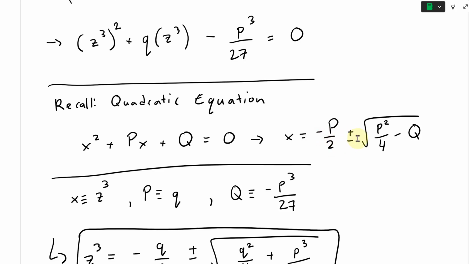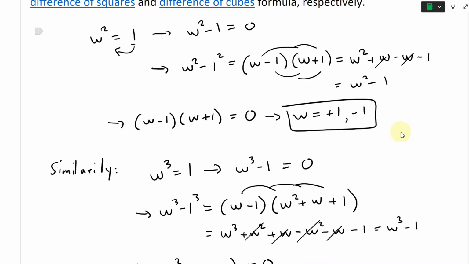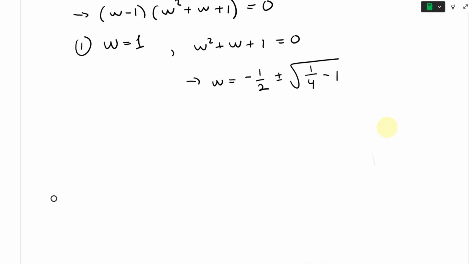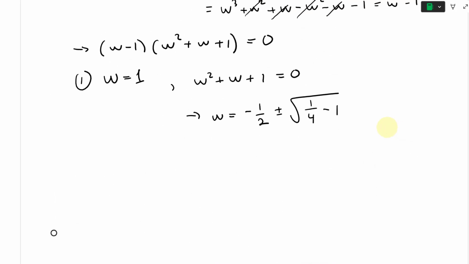So negative 1 over 2 plus or minus the square root of 1 squared, which is 1, over 4 minus 1. So that's what we have. In this case, we're actually going to have complex solutions. Multiply top and bottom by 4 over 4, and we get negative 1 over 2 plus or minus the square root of 1 over 4 minus 4 over 4. So we're going to have a negative 3 over 4.